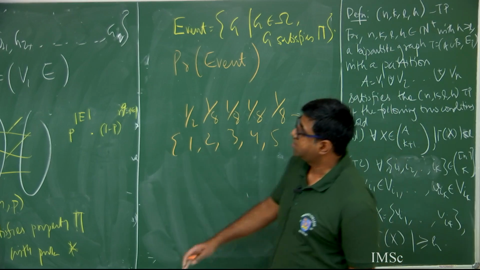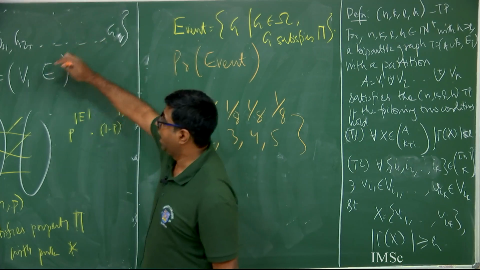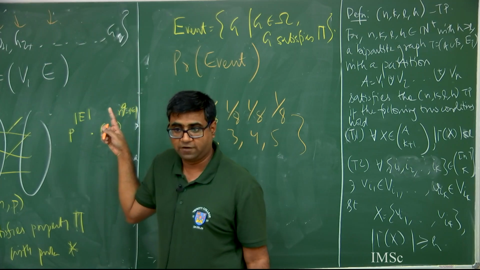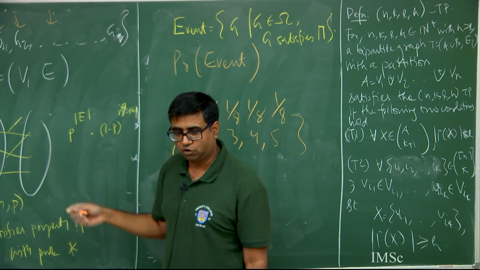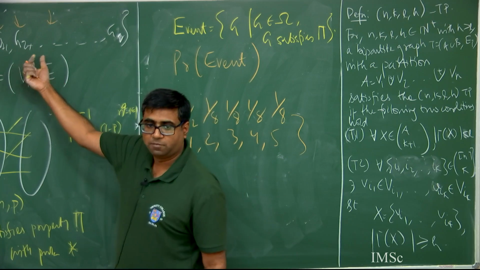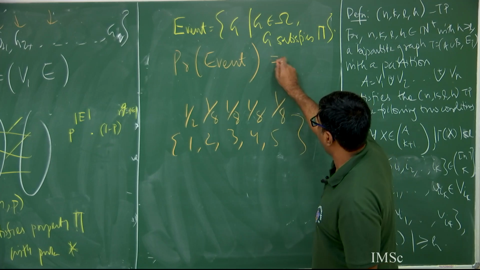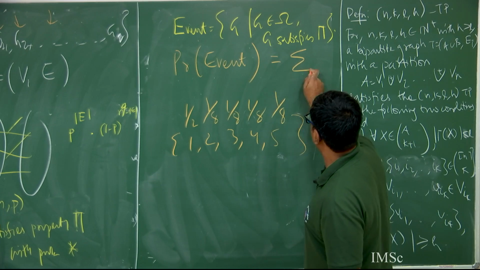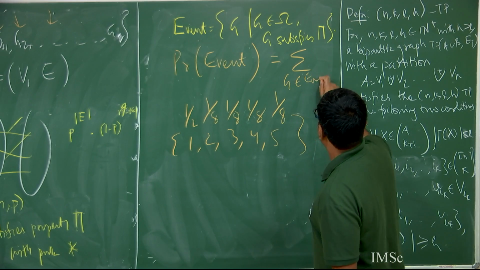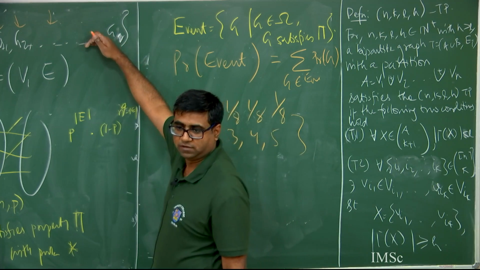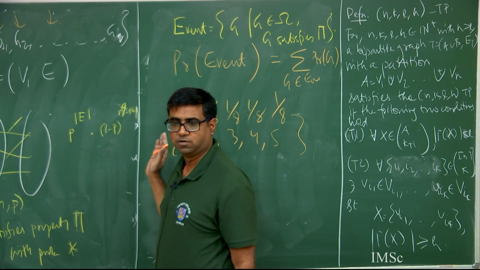Once I have given you this omega, I have told you the probability of each element. It's a finite family, not an infinite one. So the probability of the event is nothing but the summation over G in the event of the probability of G, because I have told you what the probability of G is.